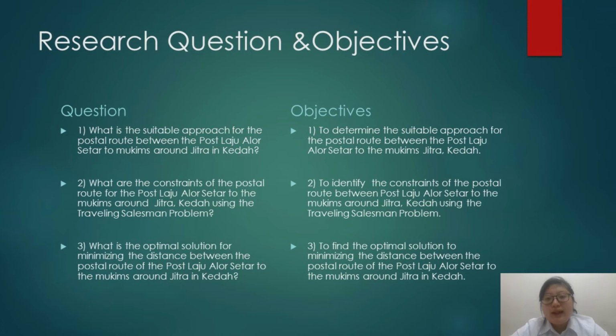Third and last, we need to find which solution is the most optimal for minimizing the distance of the postal route of Post Laju Alor to the Mukims around Jitra in Kedah.